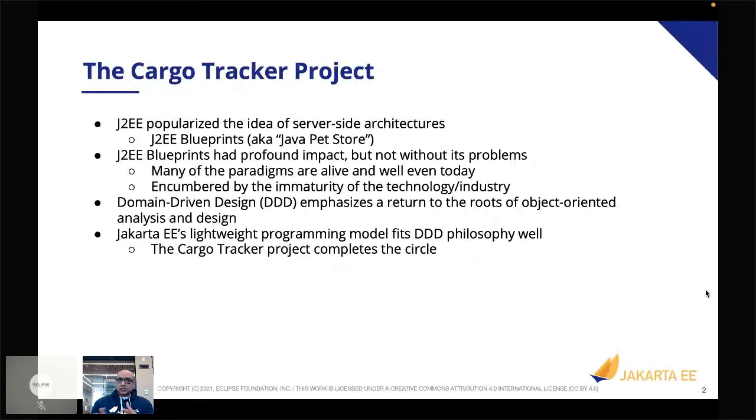That is how the Cargo Tracker project came to be. Frankly speaking, it was supposed to be a replacement for the Java Pet Store, showing you this new and better design paradigm and design patterns and how to apply them using Jakarta EE. It was part of the official blueprints for Java EE.